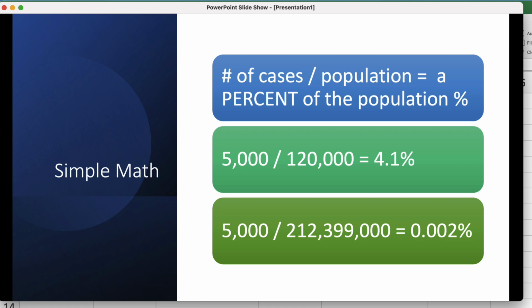And versus a much, much larger population, it's only 0.002%. So quite a big difference. We would think 5,000 is a lot for country A if the population is very small. But if the population is 200 million, 5,000 is not a big number. But our goal is to compare these numbers evenly. And let me show you how.